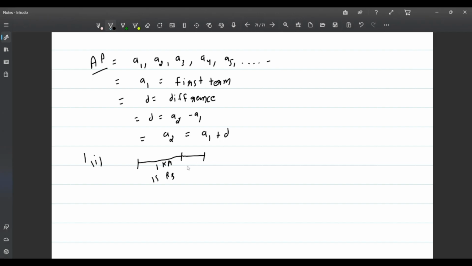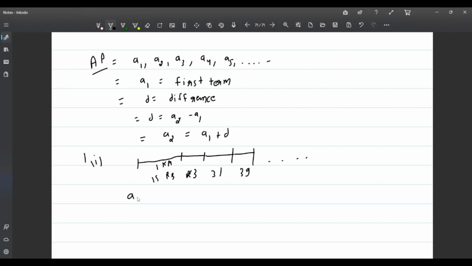So for the second kilometer, 8 rupees added on, this is equal to 23. The next one is 31, the next is 39, and this goes on. So this is an AP.